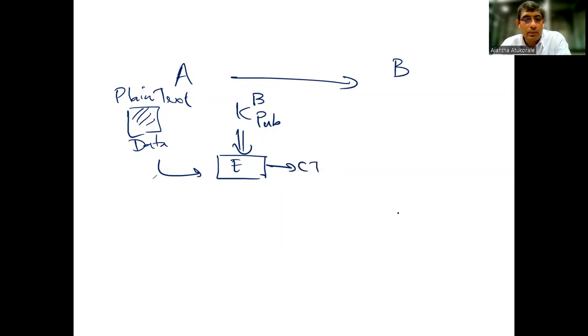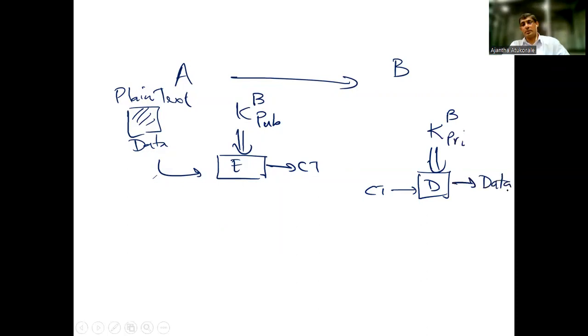And then you did other things. This is what you used to do, first encrypt. I will write decrypt also here. CT, you put the decryption, and then you put the key KB private, and you get the data. So these are the steps that we were talking about.